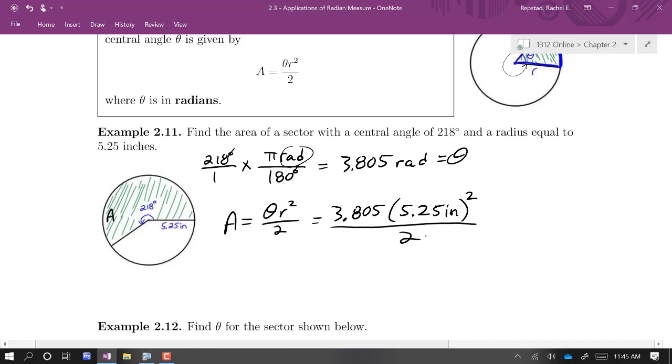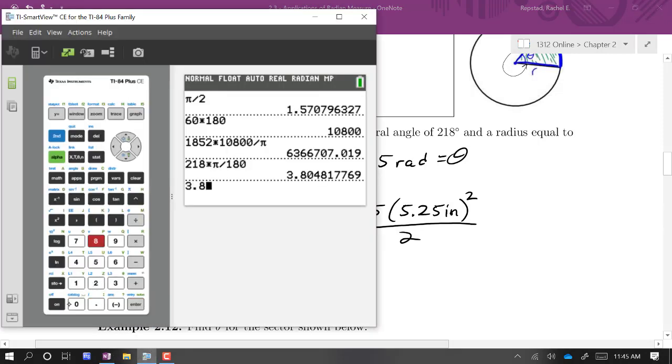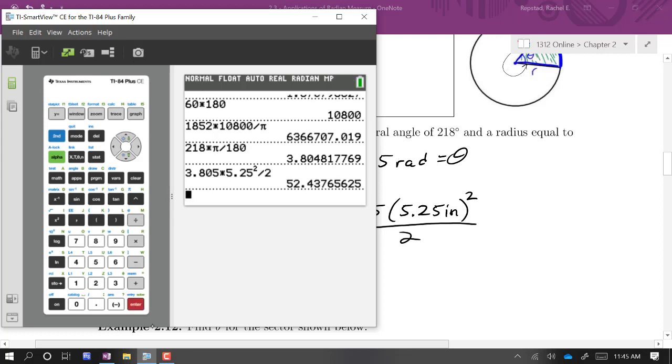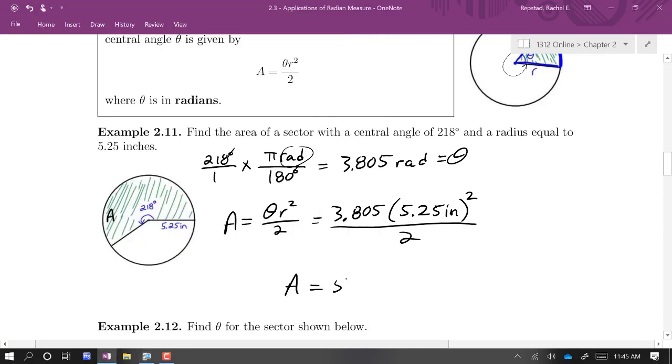So that'll give us square inches as units for a result, which makes sense for area. I'm going to turn to the calculator now. 3.805 times 5.25 squared divided by 2 is 52.44 square inches.